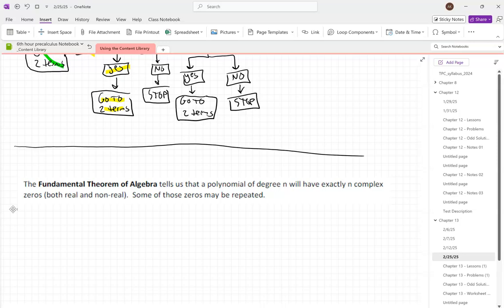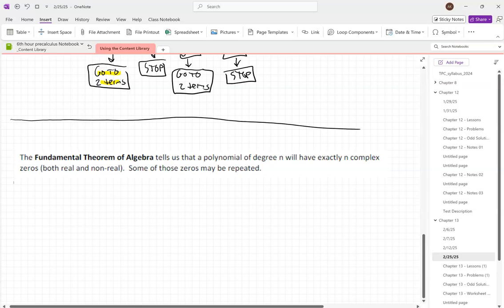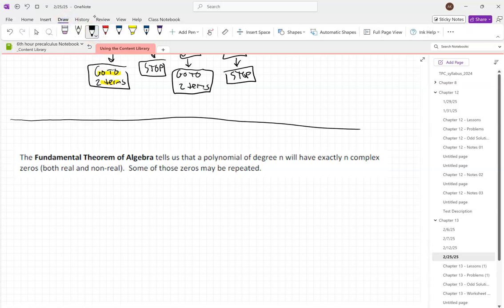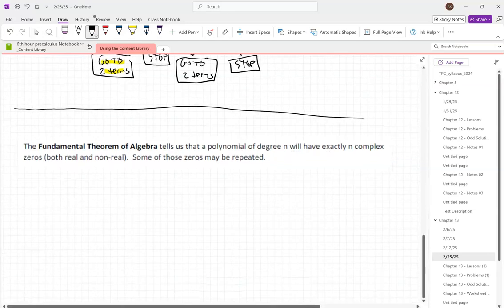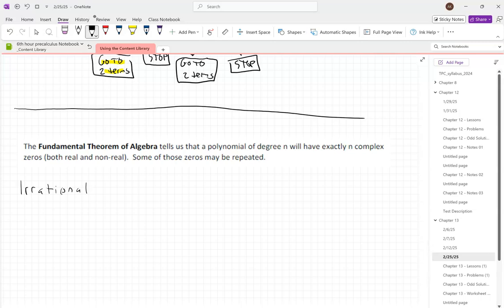But as long as you count the multiplicities and the imaginaries, the degree is going to tell you the total number of solutions, which is nice, right? That tells me specifically that when my hunt is done, I know how many answers I should be getting 100% of the time. It's a good deal. In addition to that, we're going to present you guys with 2 other theorems. The first being the irrational conjugates theorem, and the second will be the complex conjugates theorem.